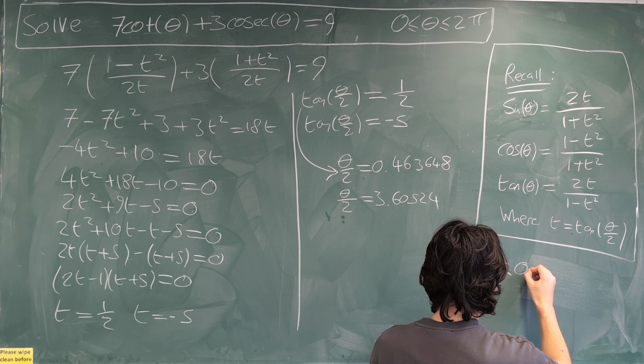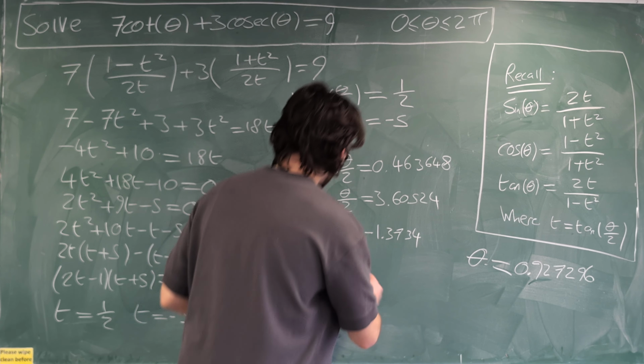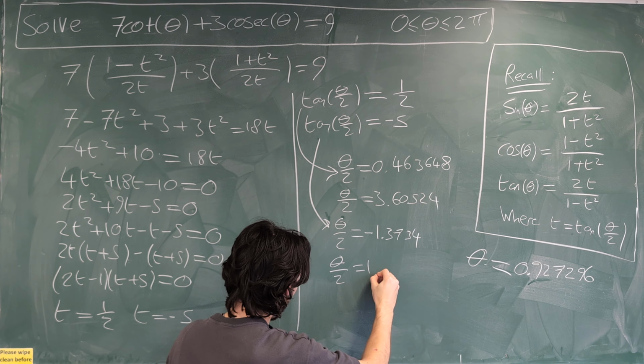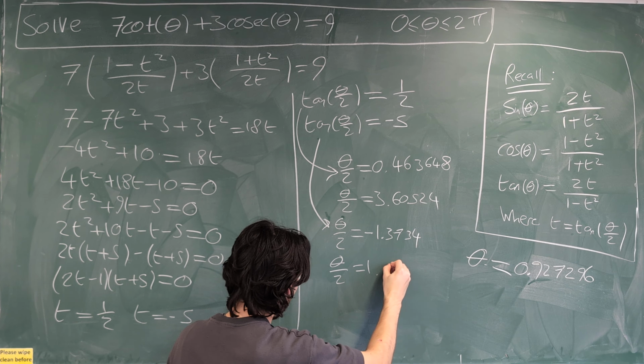And again, what we can do to that one is we can add pi, because clearly this won't be a solution, right? Again, we're going to have to double it to get theta, but this is negative, so it's definitely not a solution. We can add pi to it, though, to get that theta over 2 can also be equal to 1.76819, and then if we added another pi to that and then doubled it, it would definitely be bigger than 2 pi, so we don't really need to do that.